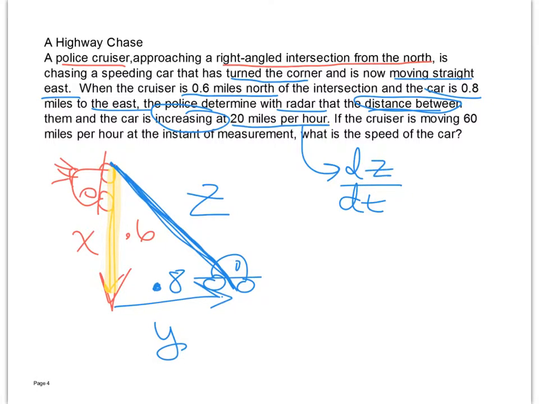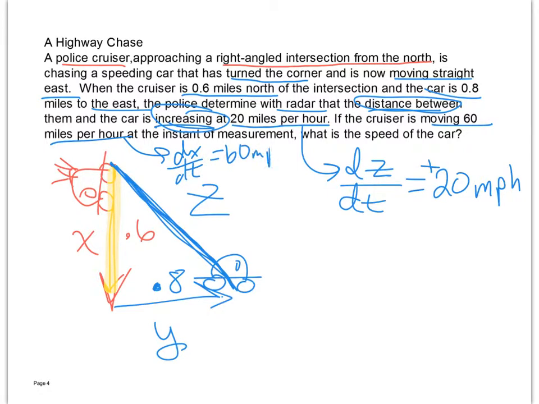That is dz/dt, which equals 20 mph. It is increasing, so it's positive. If the cruiser is moving 60 miles an hour, that is a rate, so dx/dt is 60 mph.